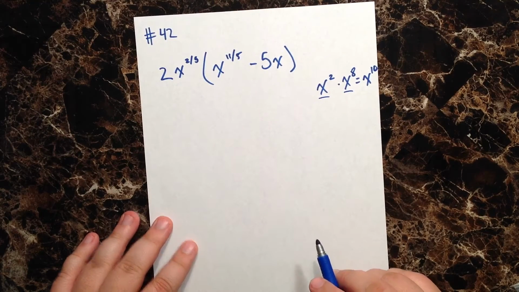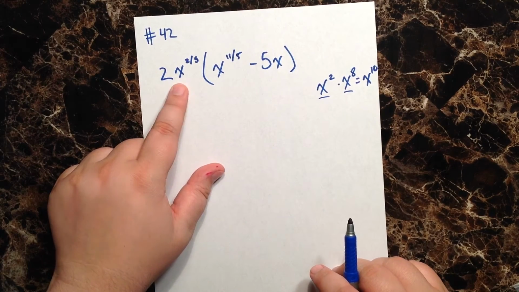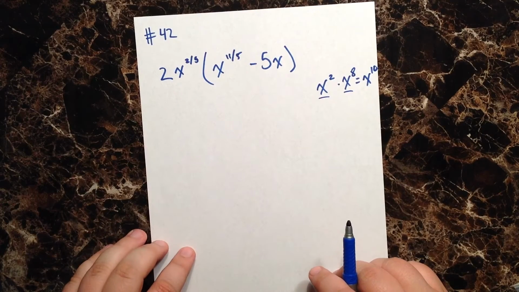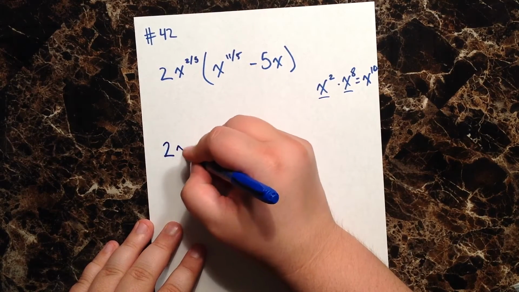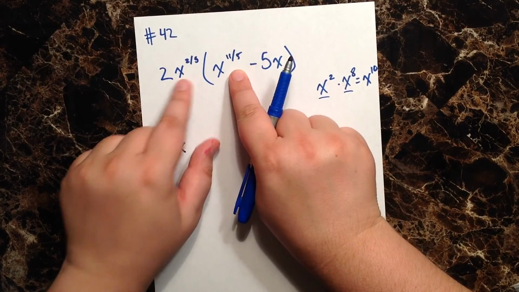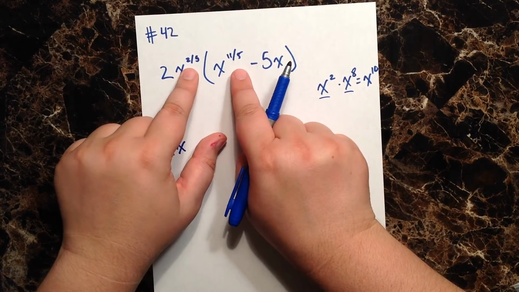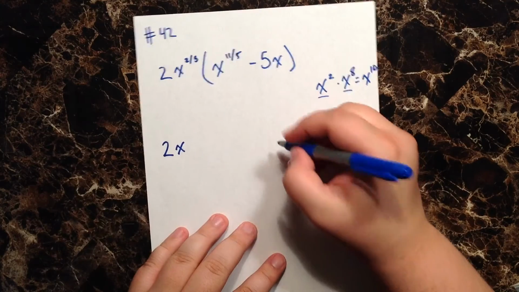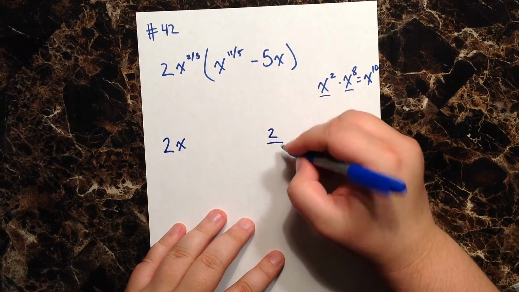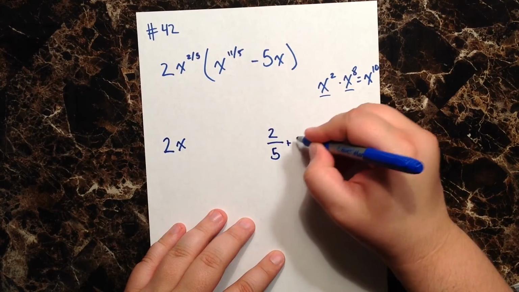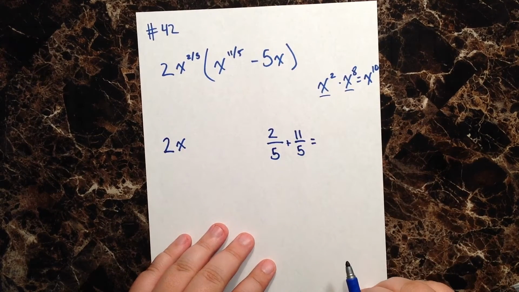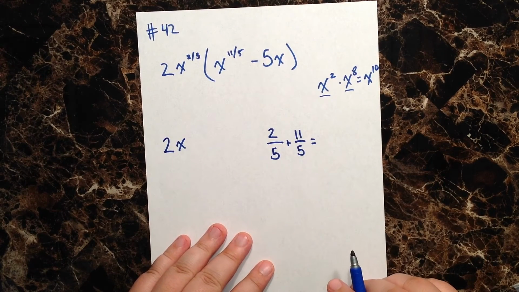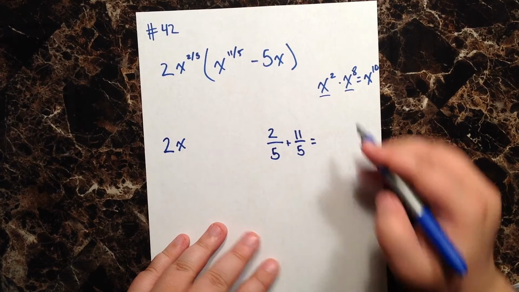So first and foremost, what is 2x times x? Well, that's going to give us 2x. But because these are like bases, our x, we're going to add our exponents. So really we have 2/5 plus 11/5. And what do I need in order to add and subtract fractions? Well, I need a common denominator.